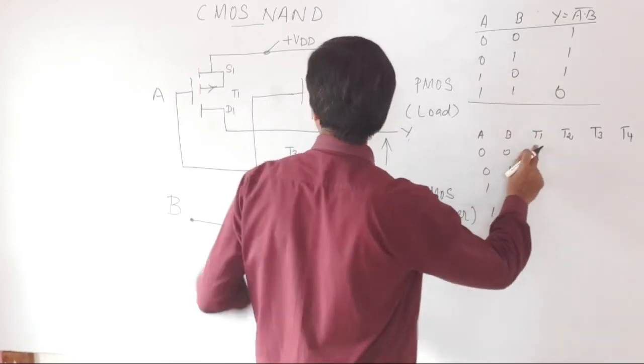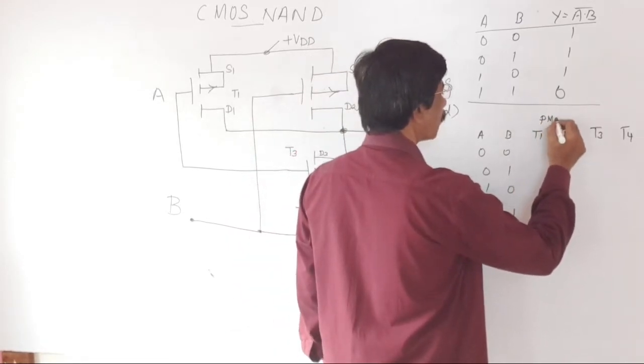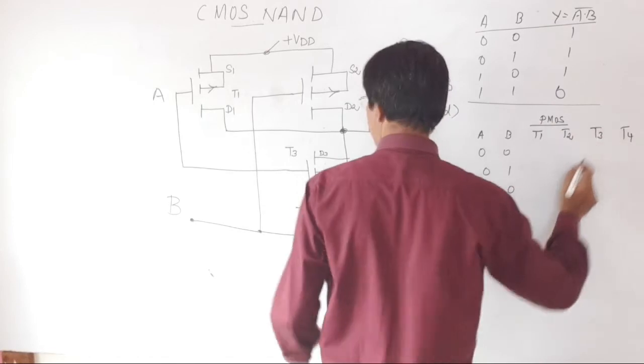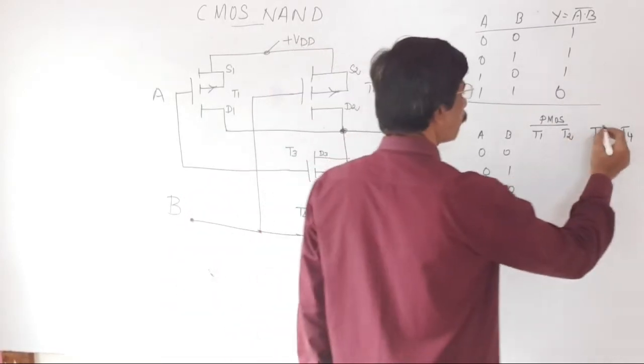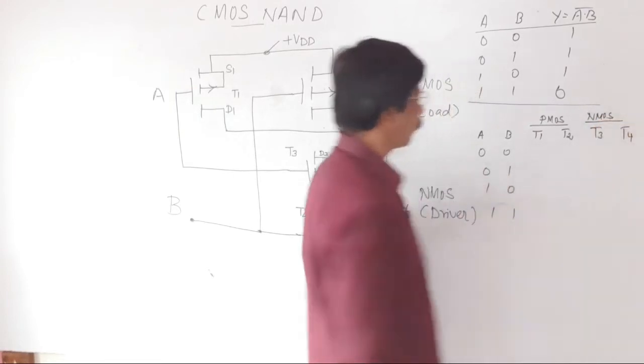T1 and T2 both are PMOS transistors. T3 and T4 both are NMOS transistors.